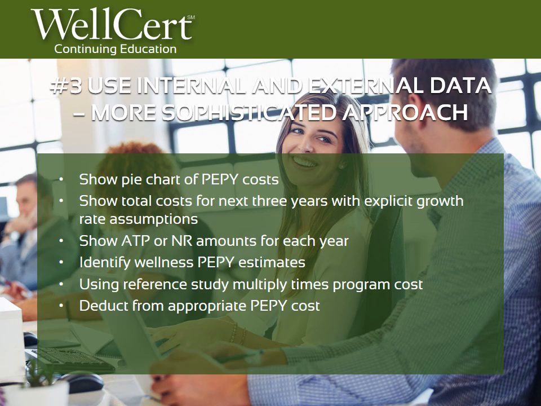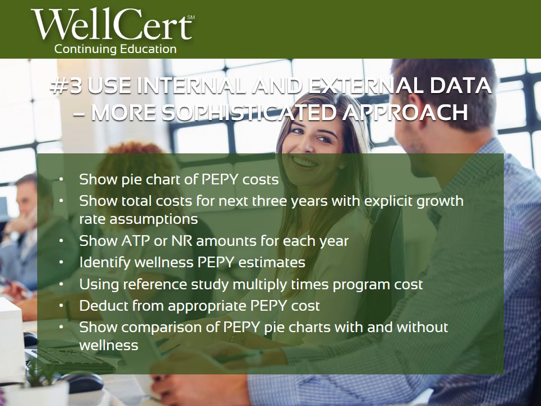You can deduct from appropriate PEPY costs, and that allows you to really use those external resources to come up with an estimate of what the yield would be and then compare that to the actual cost of your program. You can then show a comparison of the PEPY pie charts with and without wellness. So you can show them in relation to each other and how much they grow when you don't have the wellness affecting those costs over time.